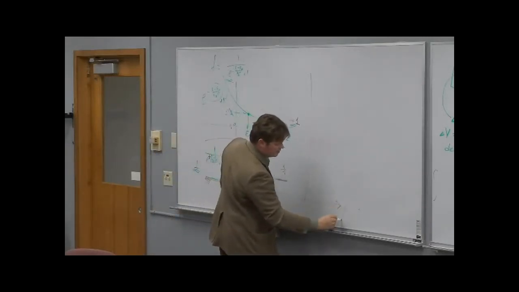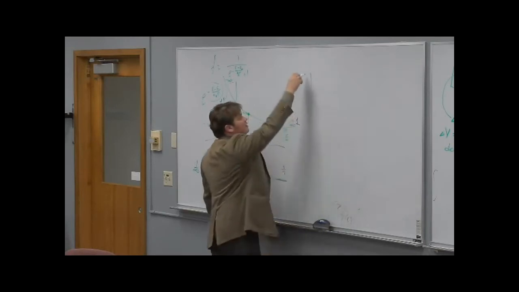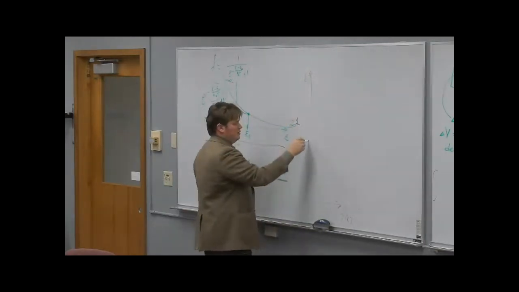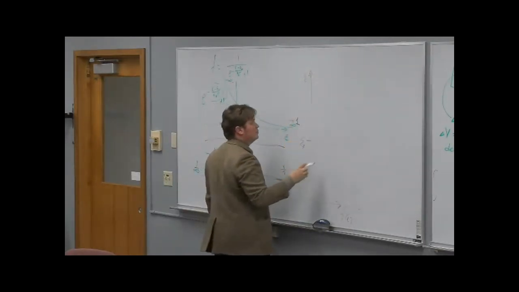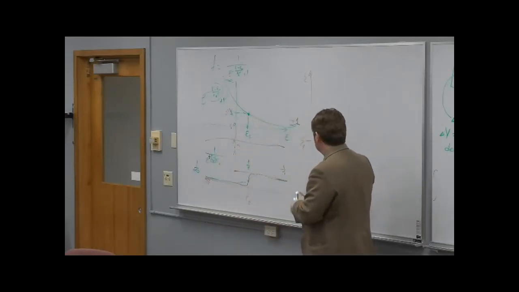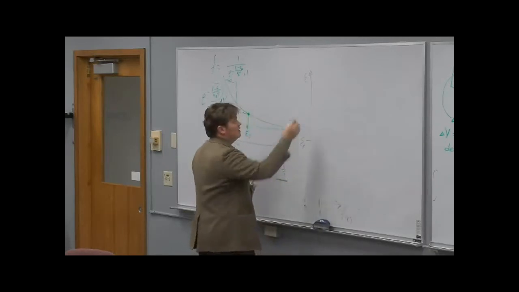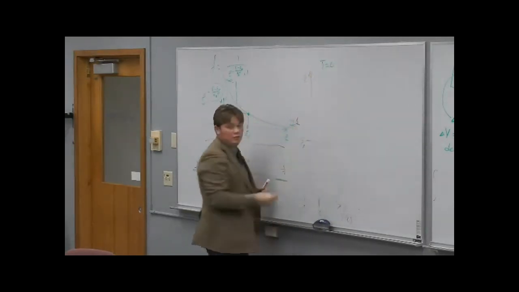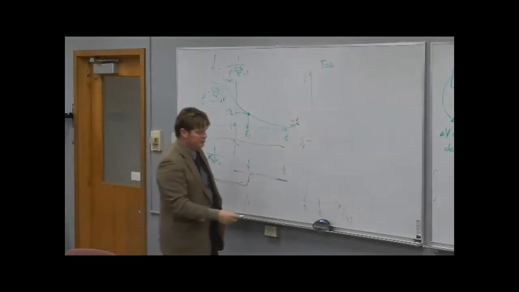So here is F of epsilon, and here is energy. And here is E_F, 1, 0. And suppose that temperature equals 0, which means that it will be very sharp.